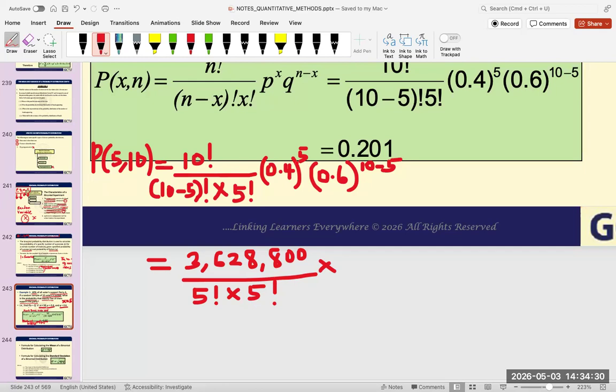Let's see what you get. I'm sure you'll be having something like 0.01024.